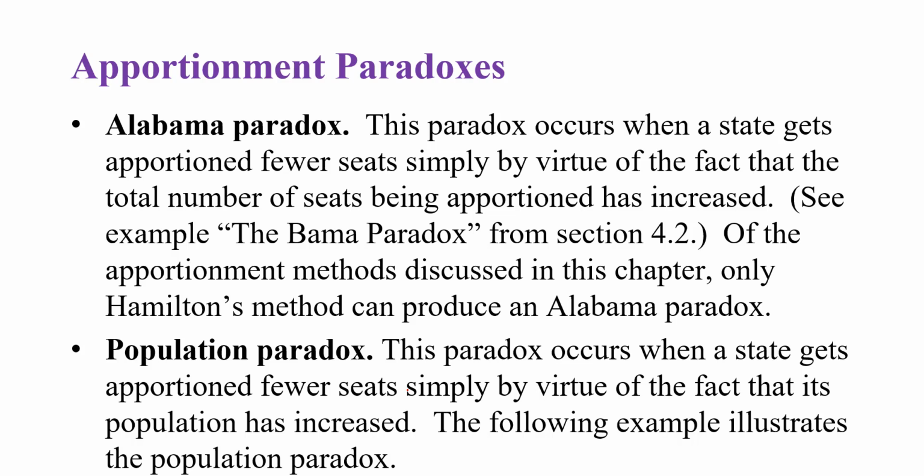So what happens here is, let's see, Hamilton's method. You have the lower quotas. So if you were to increase the number, once you get past that 0.5, right, that means another state could get a lower amount.